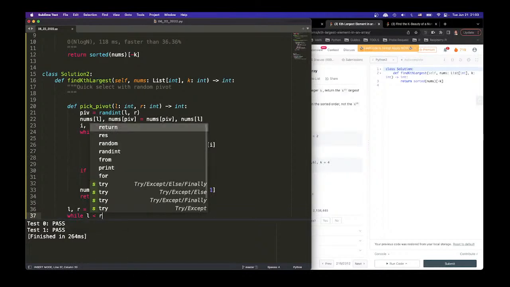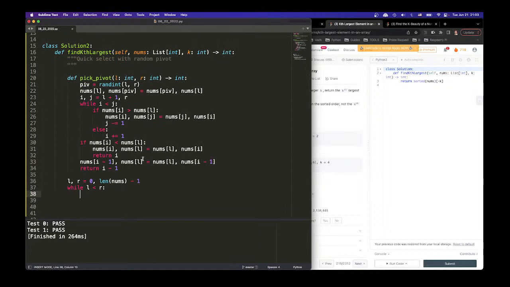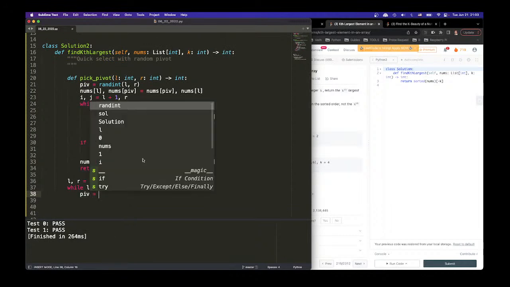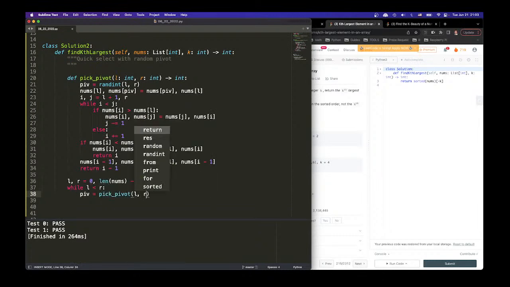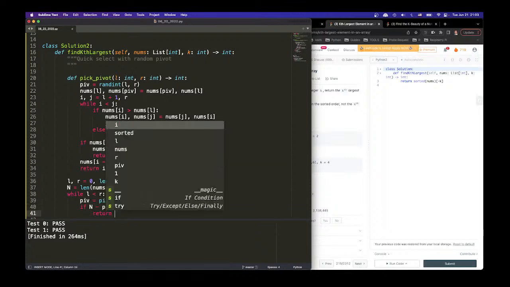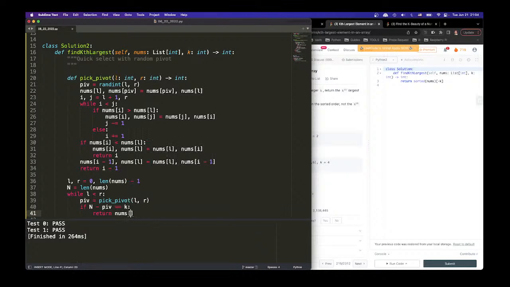So while L smaller than R, pivot equals pick pivot down R. And we say n equals len nums, if n minus pivot is equal to k, then I return nums piv.